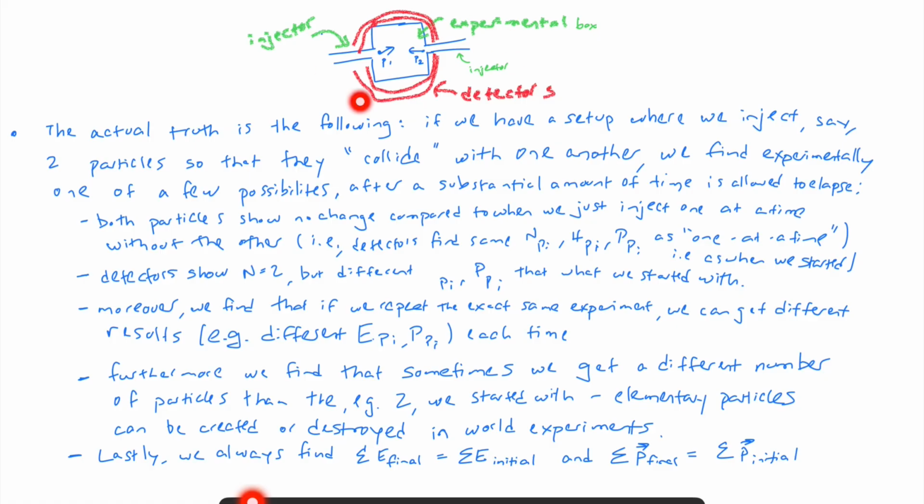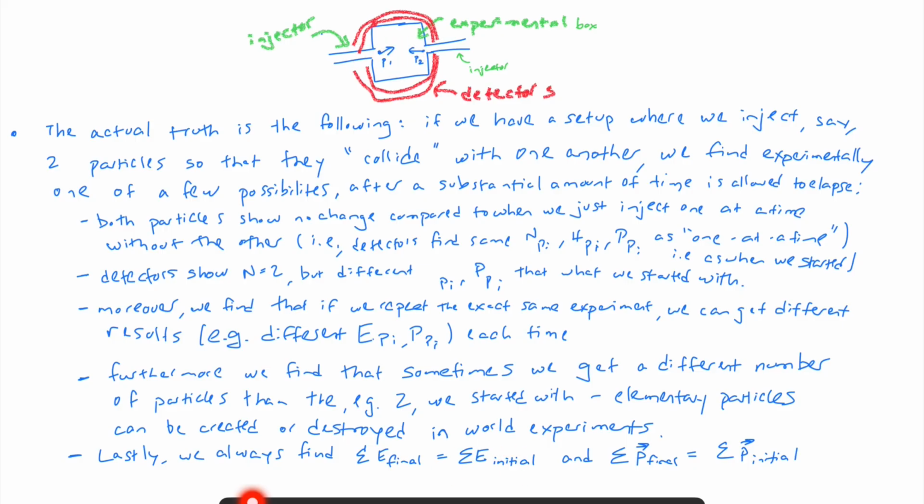And the other thing we always find experimentally is that no matter what kind of situation we have, this one, this one, this one, or this one, whatever the outcome of the experiment is, whenever we do the measurements, we'll always find that the total energy of the final particles that came out, if you look at all of them and look at each of their energies and add all of them, is always equal to the initial energy.